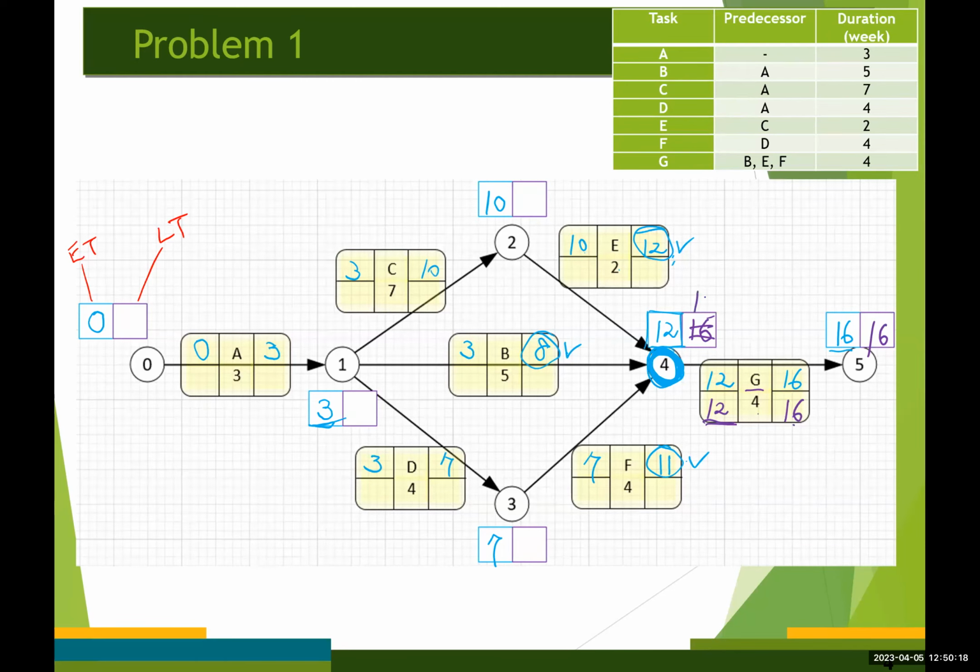So the latest time for event number 4 is going to be 12, right? So automatically, the latest finish time for all 3 activities, E, B, and F, is going to be 12. So I have 12, 12, and 12. 12 minus 4 is 8, 12 minus 5 is 7, and 12 minus 2 is 10.